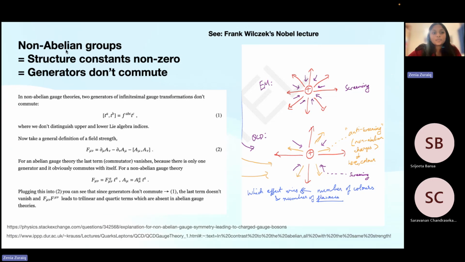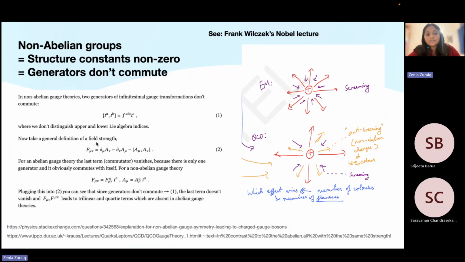So why non-abelian groups lead to self-interactions is also very interesting, where basically for non-abelian groups, the structure constants are non-zero, as we just saw from our definition of generators and structure constants and so on. So the generators don't commute. You can see that this way.